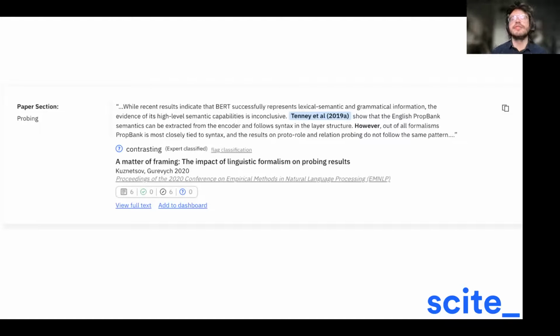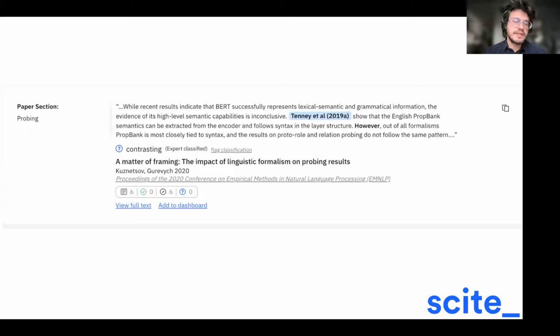Or if you're doing a literature review to surface potential issues, or my favorite use case of contrasting citations, to identify areas of research to work on. So here's a contrasting citation to that paper, Tenney. It's the same claim, sort of, that semantics can be extracted from the encoder and follow syntax in the layer structure.